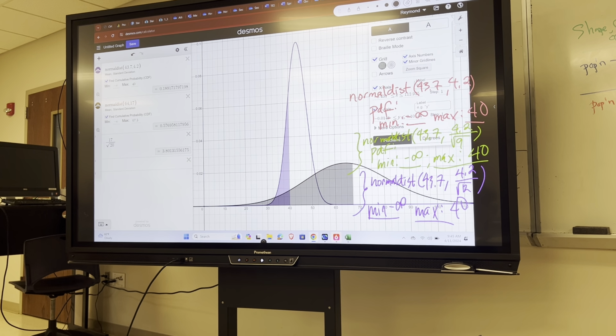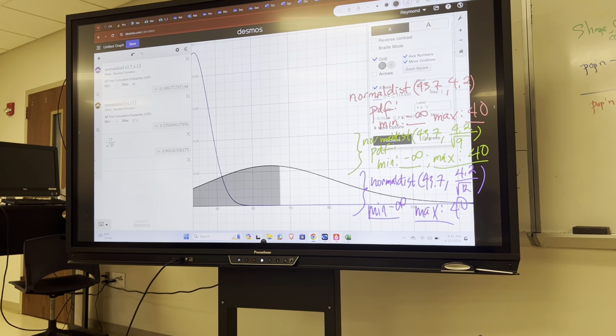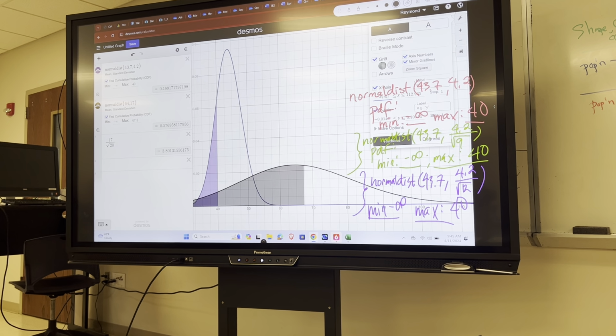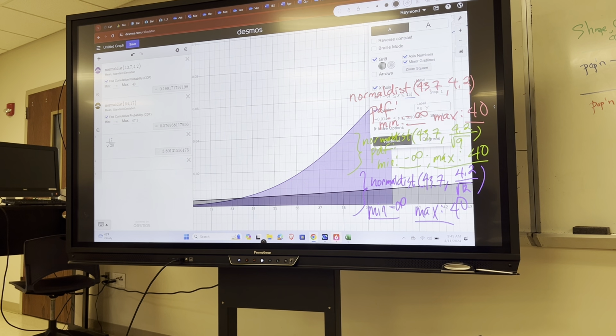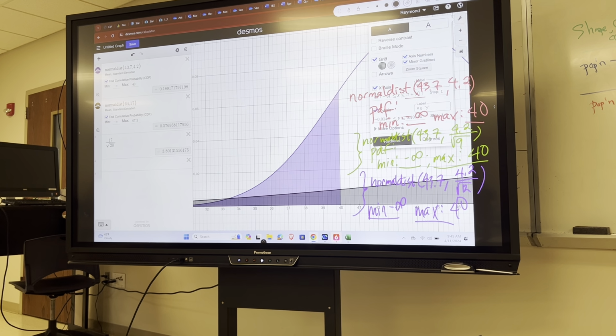Let me change this one to 43.7, and that's 4.2. So I can put in here 43.7 minus 3 times the standard deviation 4.2. Now on the same in here, I'm going to put 43.7 plus 3 standard deviations above as well.